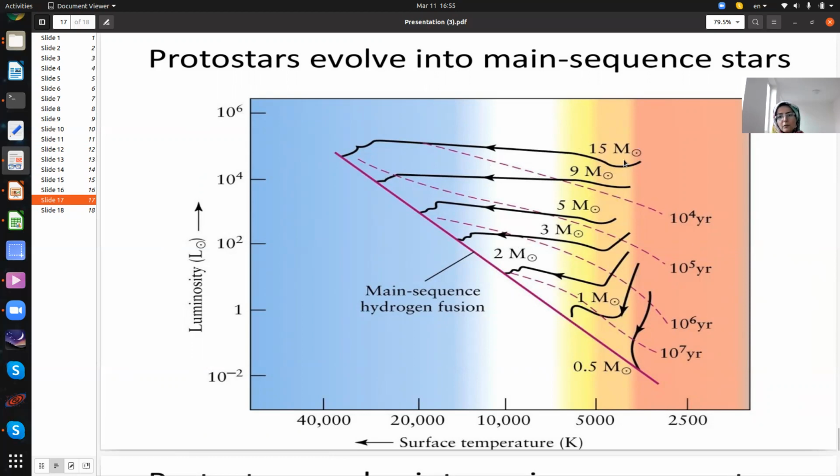As you see here, for example, this star has 15 times the mass of the Sun, and it takes around 10 to the power 4 years, which is much faster, to leave the main sequence. But here, for example, we see 0.5 of the mass of the Sun, and it takes many more years to leave the main sequence. So as I said, more massive stars leave the main sequence faster, and less massive stars leave it later.